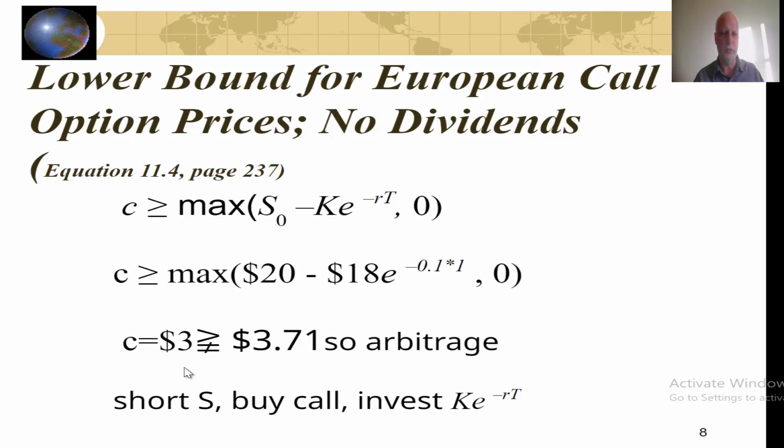So we short or sell the stock S, we buy the call option, and we invest the difference between the price of the short of the stock and the call in the present value of the strike price K. So what is left over from that transaction is therefore going to be your profit, in this case, 71 cents.